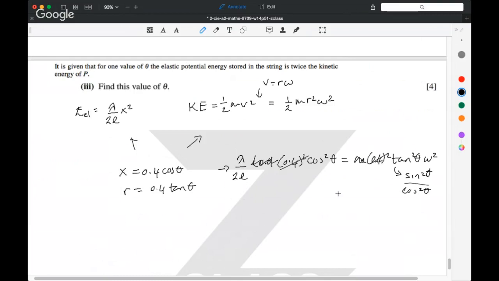Sorry, x was 0.4 over cosine theta, I keep doing this. So you see the 1 over cosine squared theta terms cancel. So we get that sine squared theta is equal to lambda over 2L m omega squared. And this gives you that the sine of theta is 1 over square root 2.